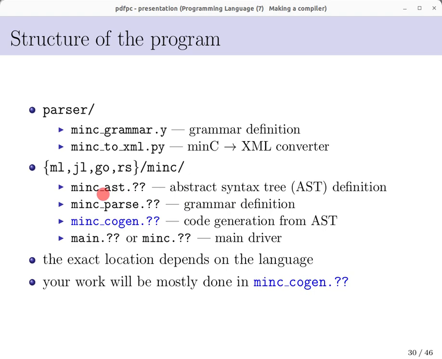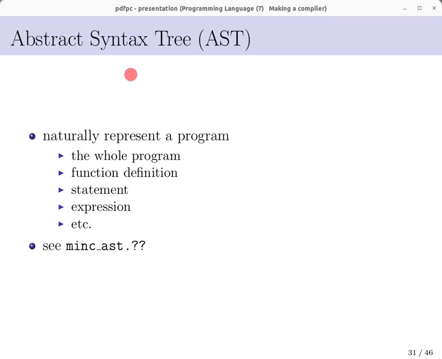So this MinC AST file has a definition of abstract syntax trees. An abstract syntax tree is a data structure that naturally represents the program. So it has a type definition to represent the whole program.